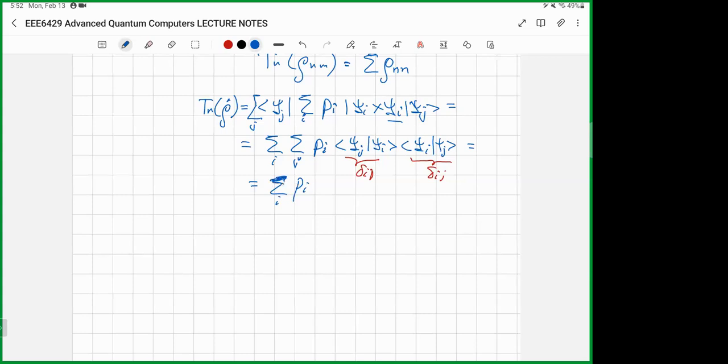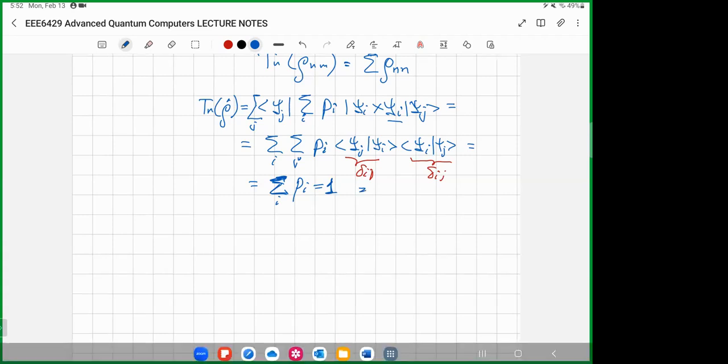I hope this is already clear to you, why a summation of something multiplied by this Kronecker delta gives you, in this case, p_i. And the sum over all p_i's gives you 1, because this is the probability of finding the particle or the system in any state.